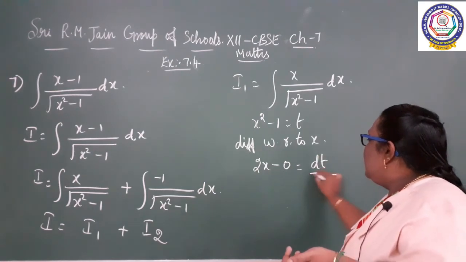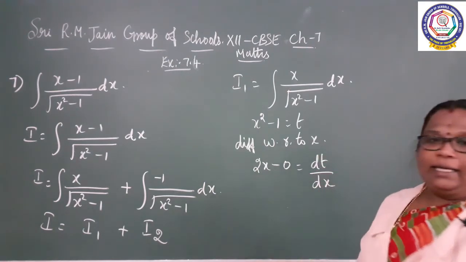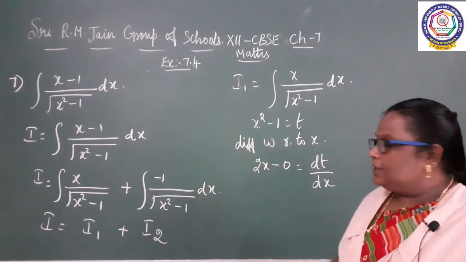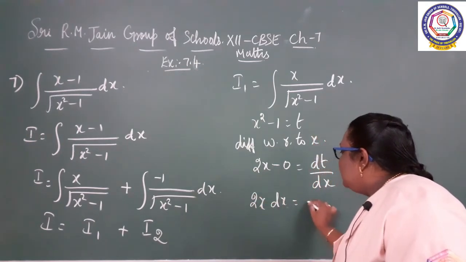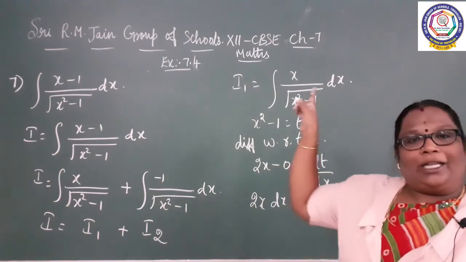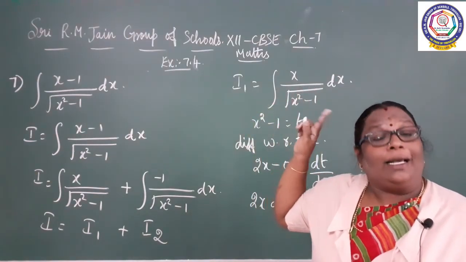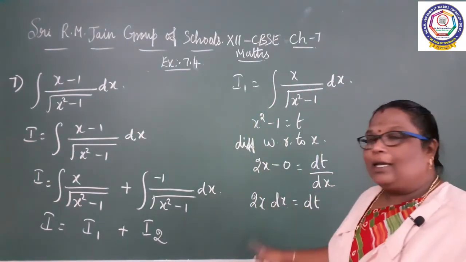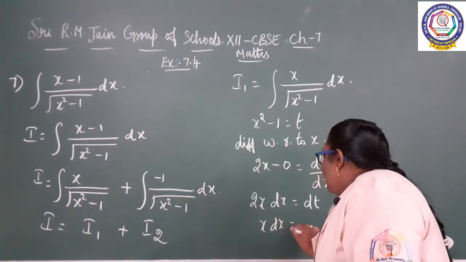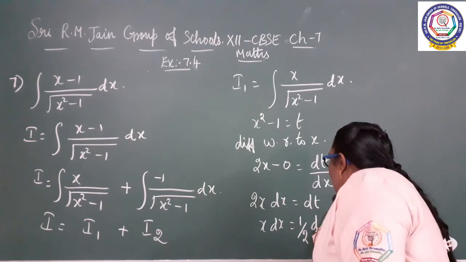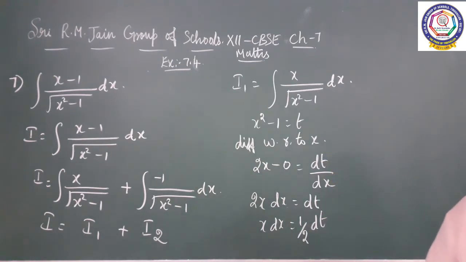So dt by dx, t with respect to x, gives 2x into dx equal to dt. But in the numerator, what is the value there? x dx. So x dx equal to 1 by 2 into dt.